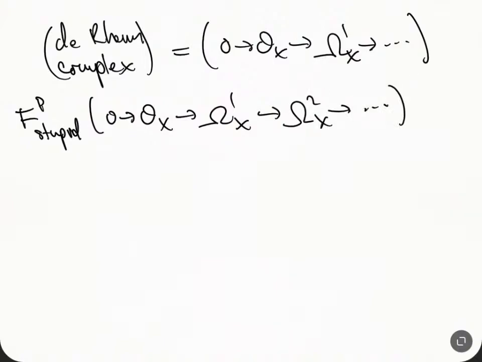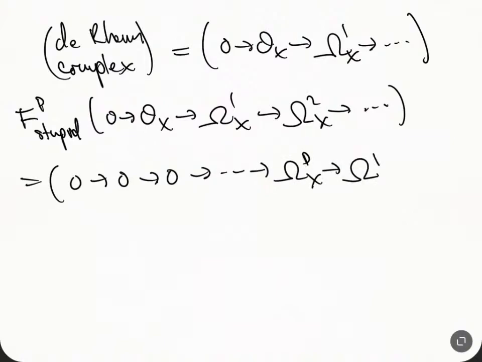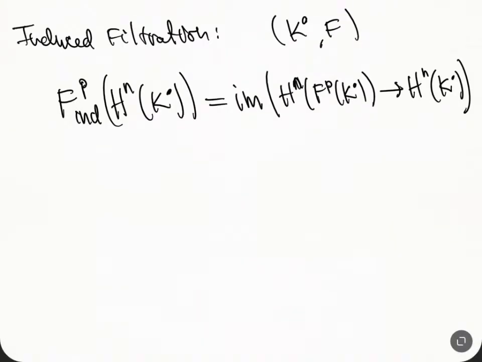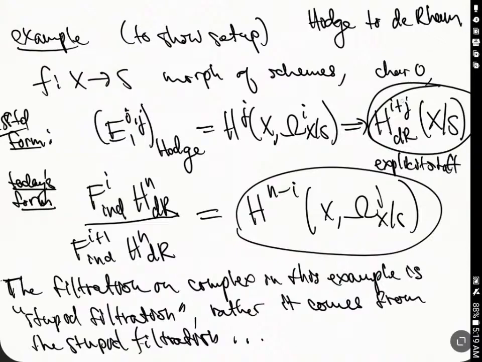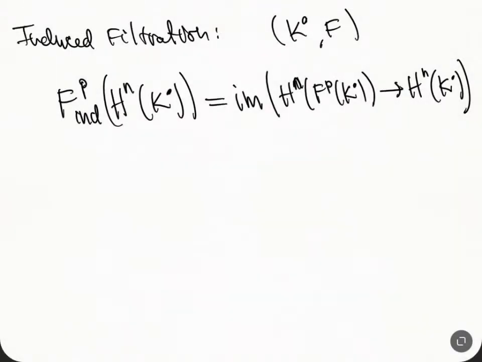Okay, and what it does is it gets rid of everything all the way up to the pth piece. So it just kills everything. And actually, the definition of this is in terms of hypercohomology.